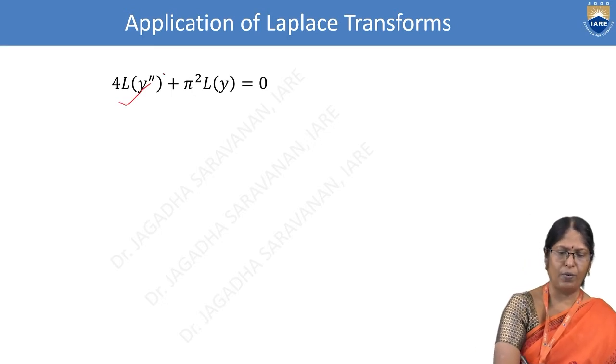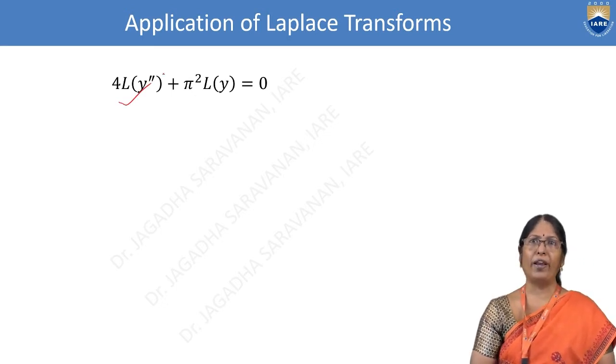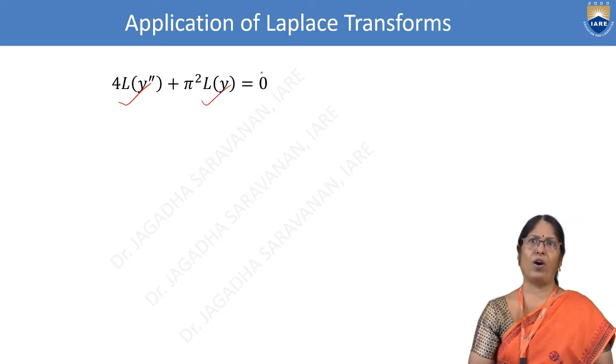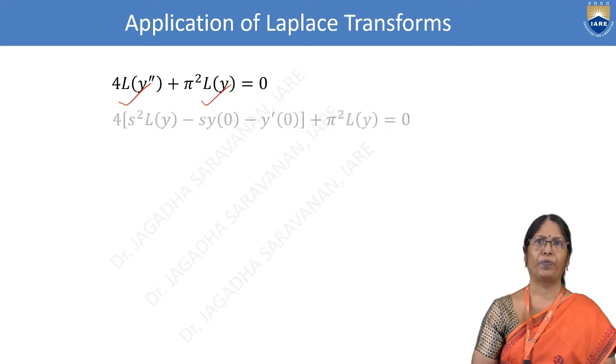So 4 into L of y double dash plus pi square into L of y equal to 0.